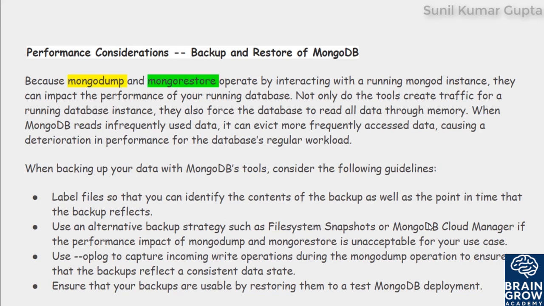It is always advisable that you label your files, like version 1, version 1.1, or for the test environment, for the UAT environment, so that you can identify: okay, this backup is for the test environment, this backup is for the UAT environment, this backup is for the production environment. So you have to label your files so that you can easily identify the content of the backup and easily work with them.